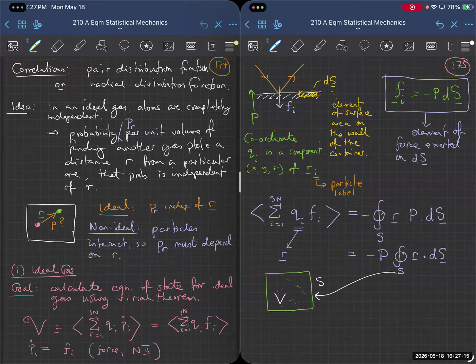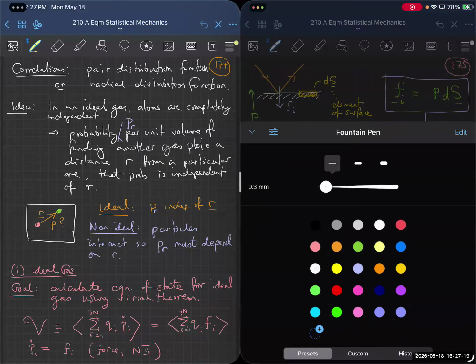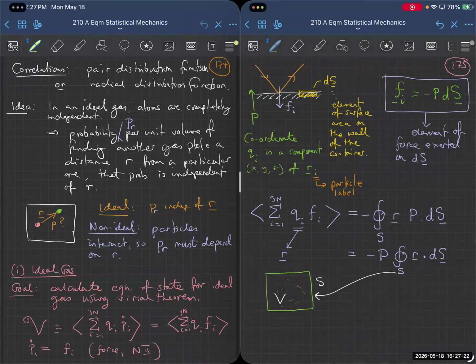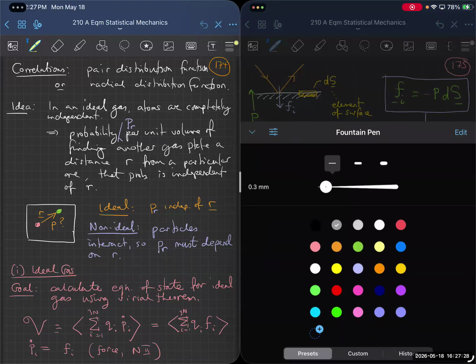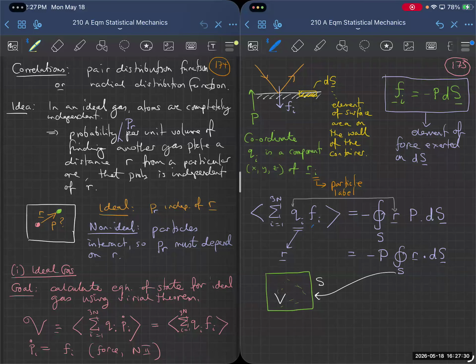That's the step that's harder. You have to see that this q turns into this r, and this F turns into this P dS. So that's where that equation comes from.